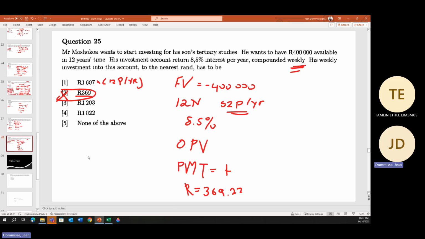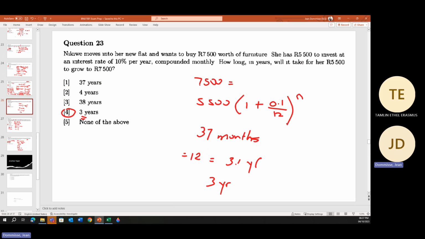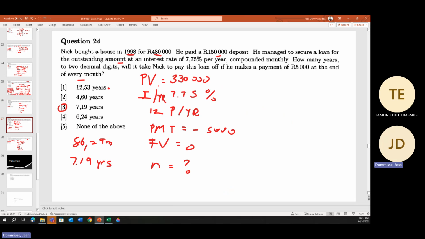The other thing that you would have seen now, when I use this in formulas, I like to at least make the one that's not relevant 0, just so my calculator doesn't have a previous question that still has something in my memory. So here we knew that future value would be 0, so I just added it.